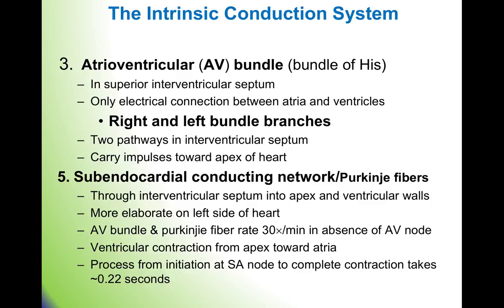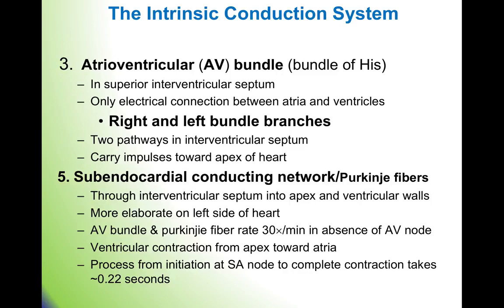But the ability to create electrical impulses is much weaker compared to what we discussed earlier for the SA node and AV node. This is about 30 electrical impulses per minute, which creates a heart rate of about 30 beats per minute. If you imagine, this is relatively low. It's less than half of a normal heartbeat. So it cannot ensure that blood is circulating properly.